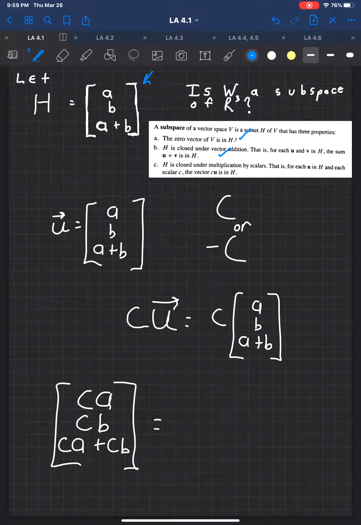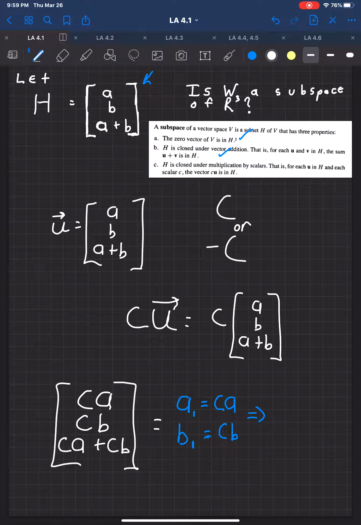So at this stage, what if we were to define A sub 1 to be equal to c times a, and we were to define B sub 1 to be equal to c times b?